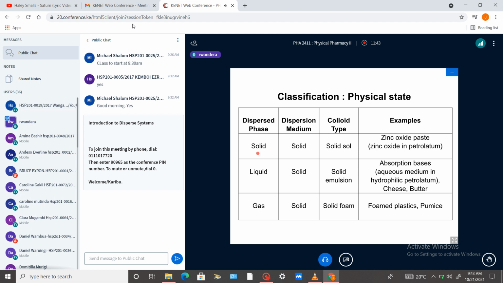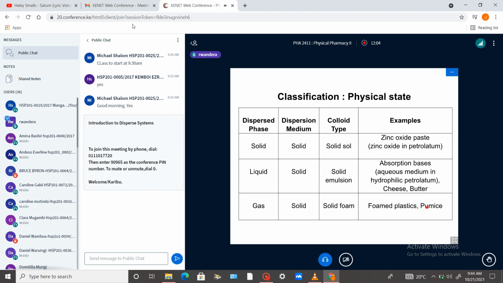Where we have a gas as a dispersed phase, now a gas dispersed in a solid, we have what we call the solid foam. An example is foamed plastics. You've come across foamed plastics, and pumice stone.